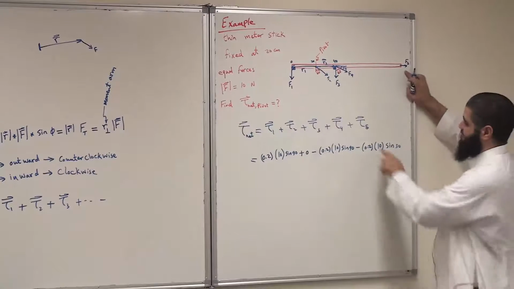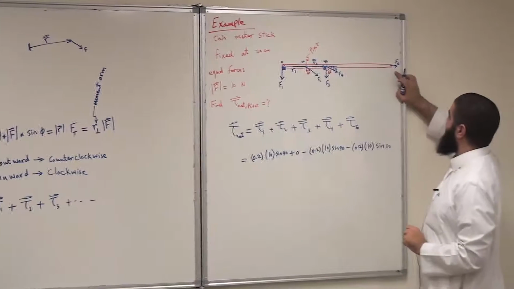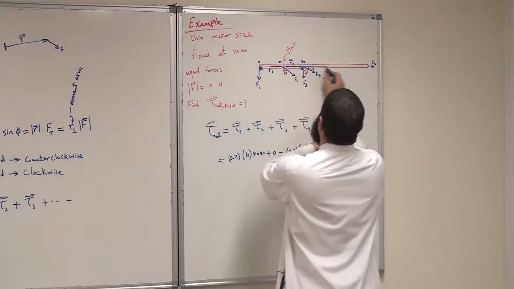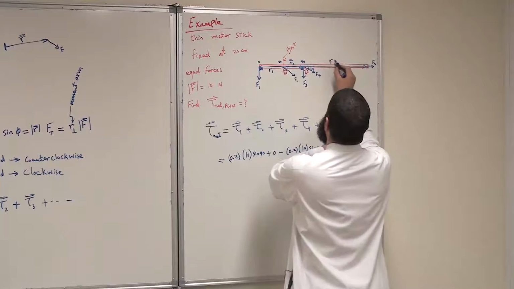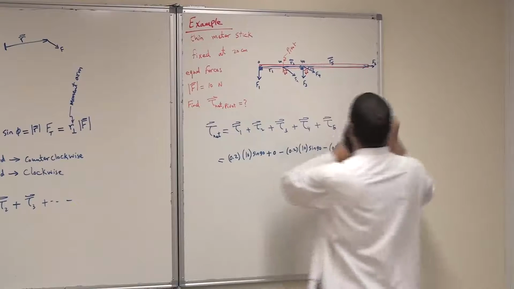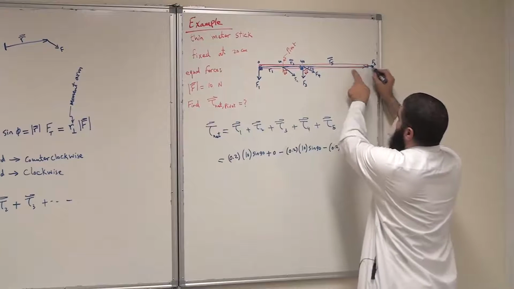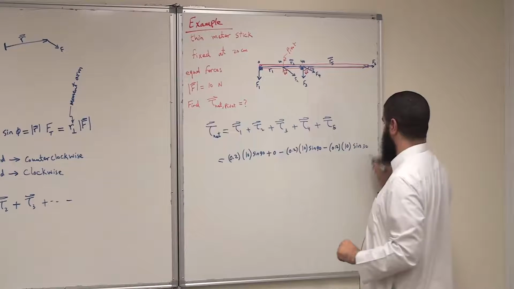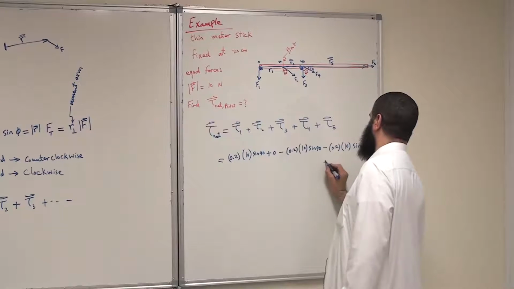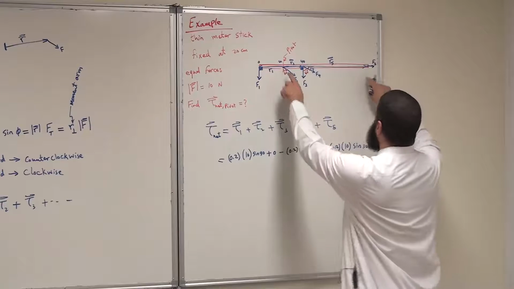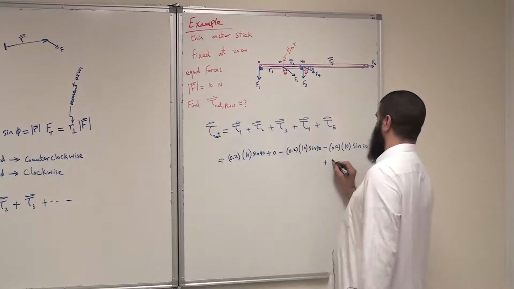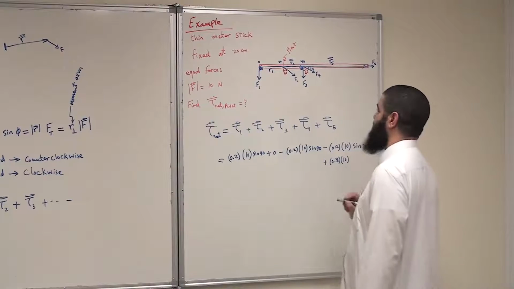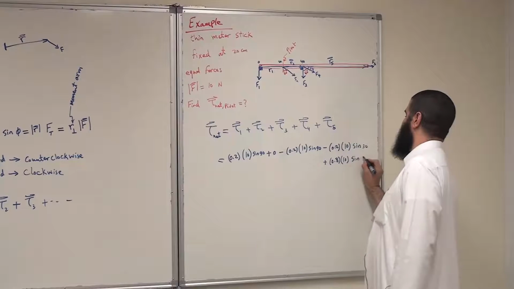Finally, I am left with torque number 5. This is R5, the position vector of this force. As you can see, the angle between R5 and F5 is 0. The distance from here to there is 80 centimeters, so this is 0.8, multiplied by the force, which is 10 newtons, multiplied by sine 0.